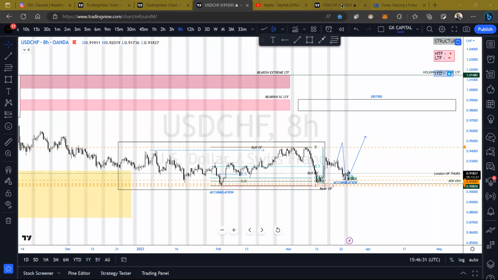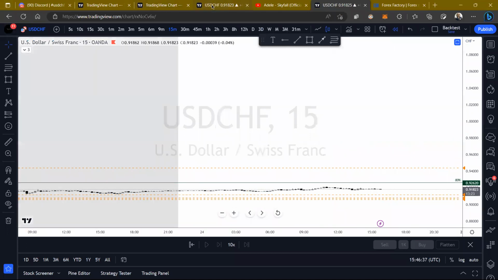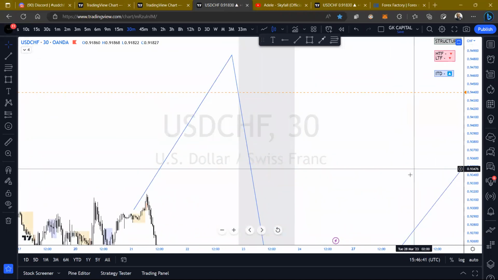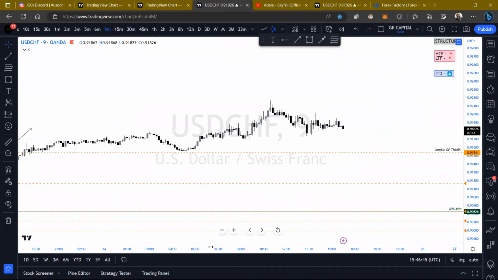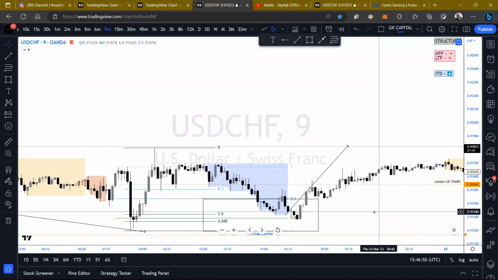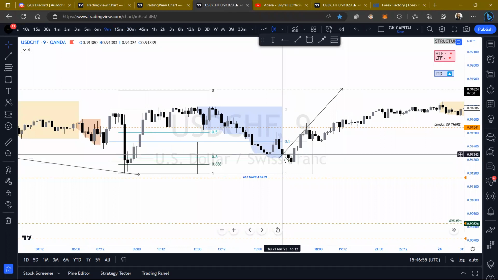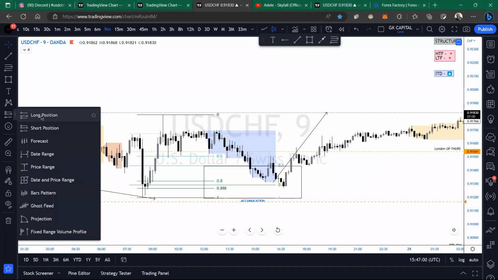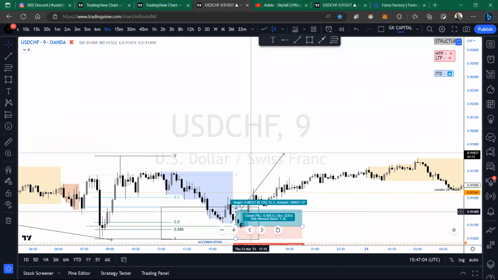So two things I didn't quite like when price did come up into this. Not that it came into the 80, but the fact that it came into it and it didn't accumulate, number one, and number two, it came in very late for me. It came in at the end of New York. There was nothing I could do, but if throwing a limit, for anybody who did look at it, this was a nine pips.